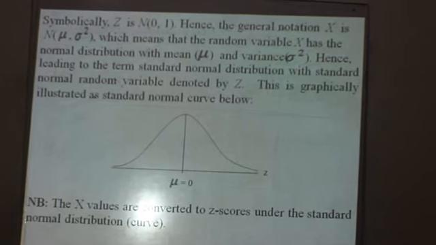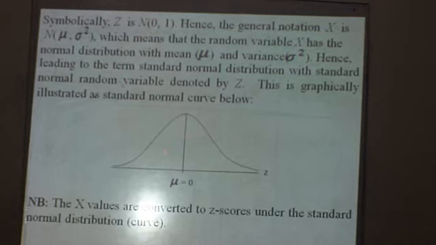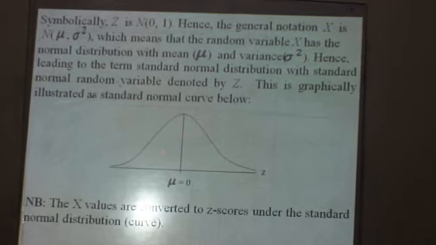Now, in short, the whole thing describes this graph. Now, this curve is the y equal to so and so, and then the horizontal line is the z scores.